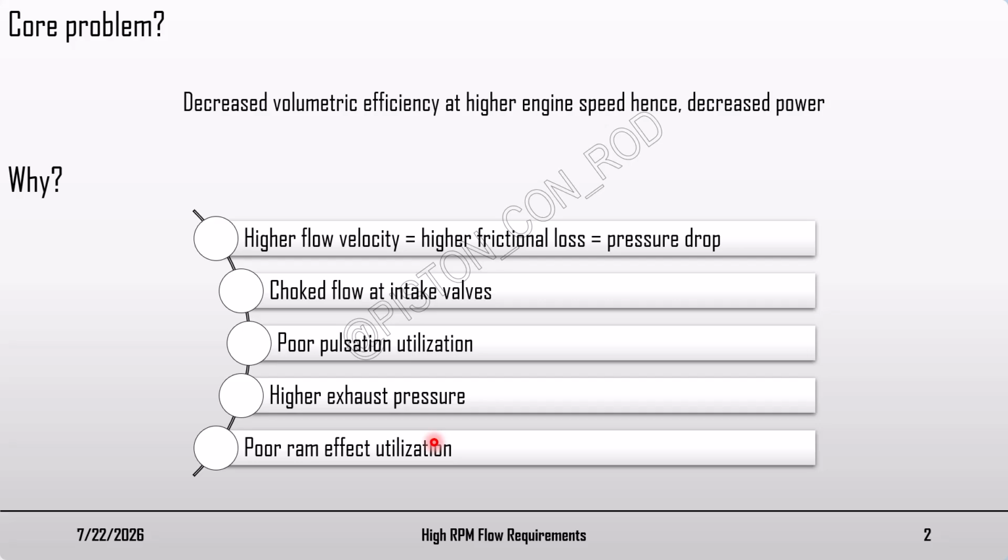At higher RPMs, the incoming air has a lot of velocity, and because of that, it has a lot of momentum. So when the piston goes up, the air momentum can actually resist the piston moving upward.